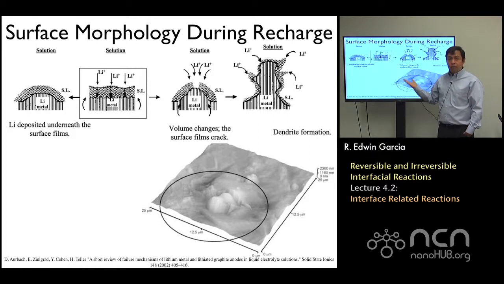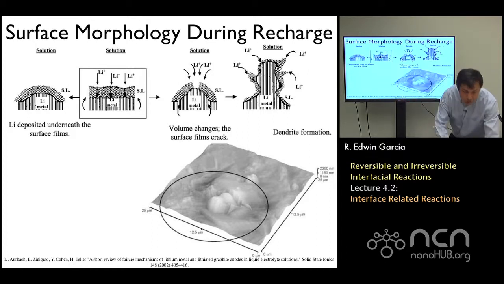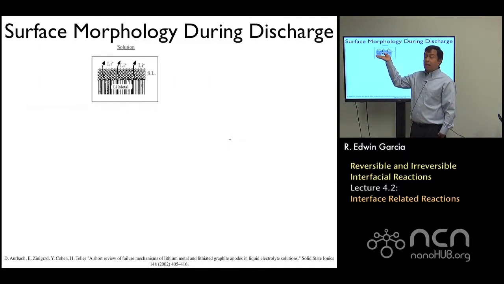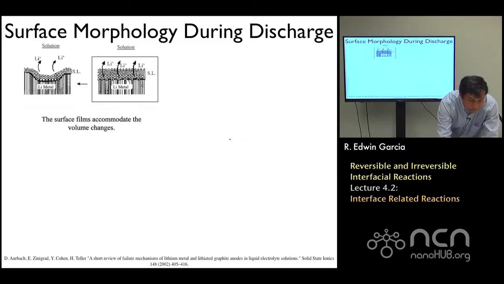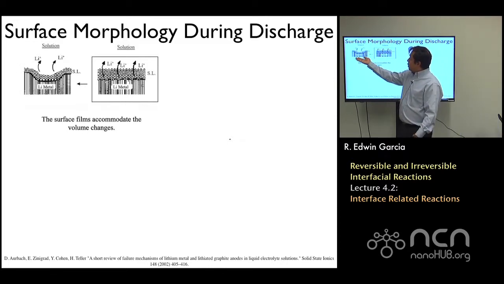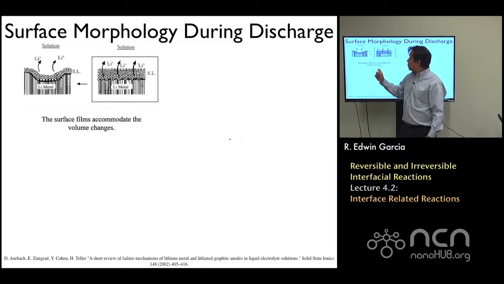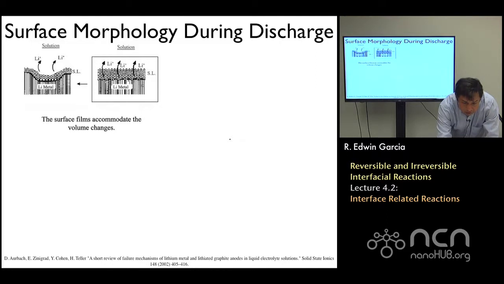Now, if instead of recharging your cell you're discharging it, you will see the opposite. Ideally, you would want the SEI layer to deposit uniformly and the lithium metal to grow flat in every direction. Instead, what you find is that when you are dissolving it, you end up inducing these little depressions that will make these corners more likely to be stable with respect to those. That will force the cavity to come further down and the SEI layer to break.